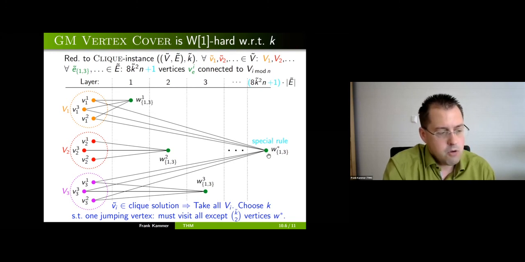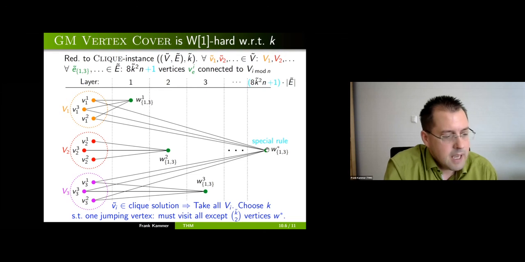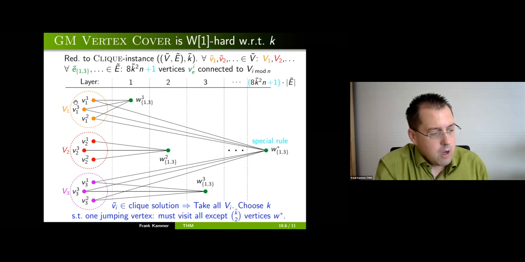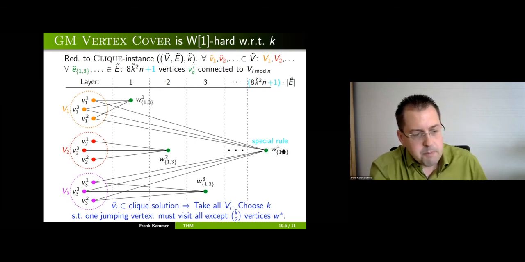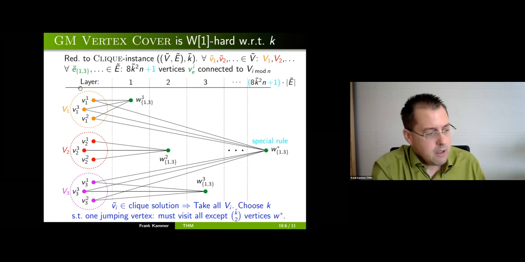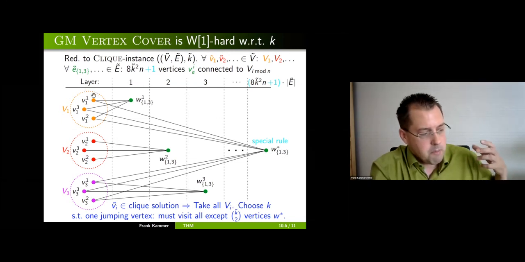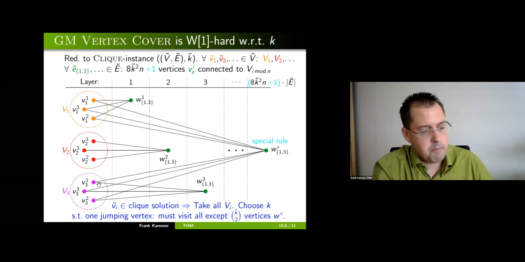Or here in the special role, and this is the interesting aspect, if this edge is part of a clique, then these vertices are already part of the solution set, so we can save the jumping to this vertex.